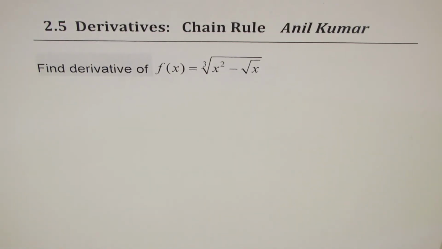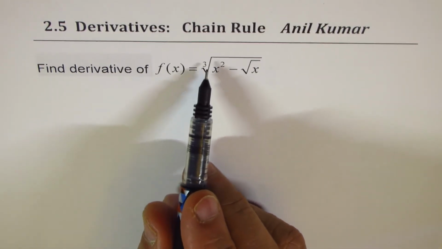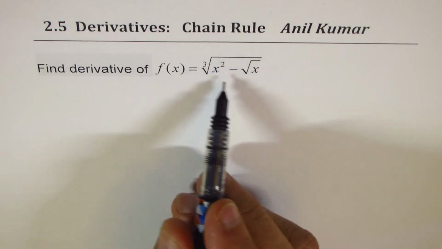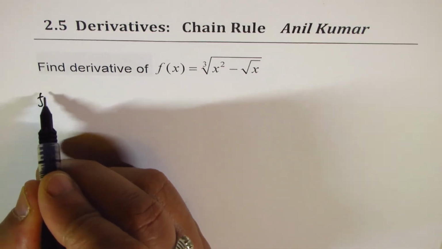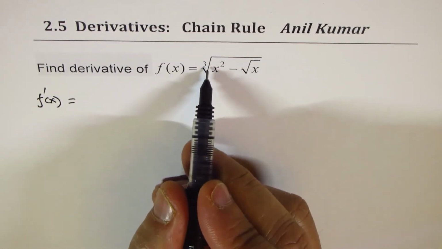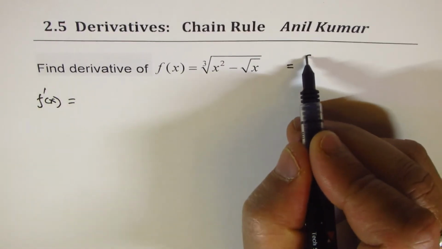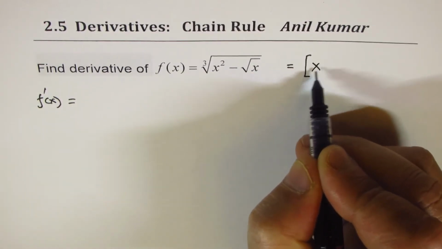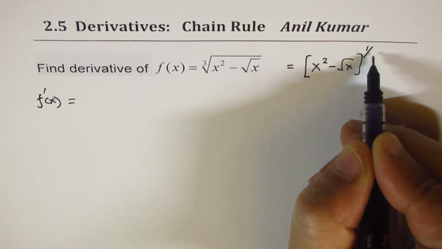So we have another good example on chain rule. We have f of x equals the cube root of all this. So let me rewrite this first. You could rewrite this as x squared minus square root of x, to the power of 1 over 3, right?